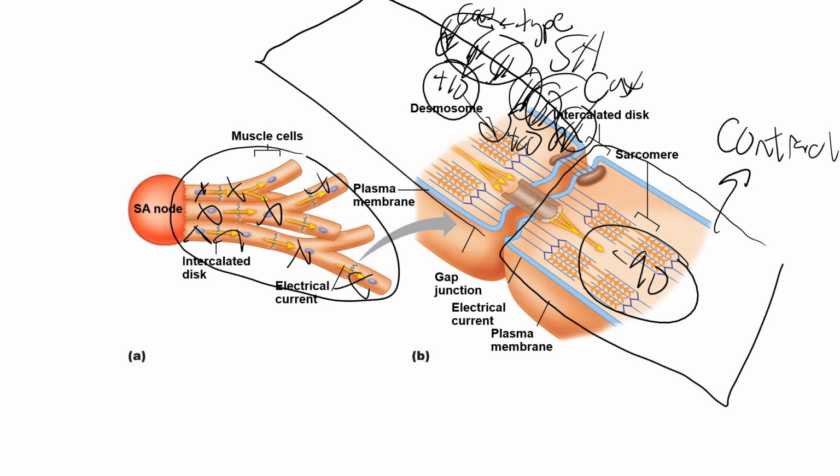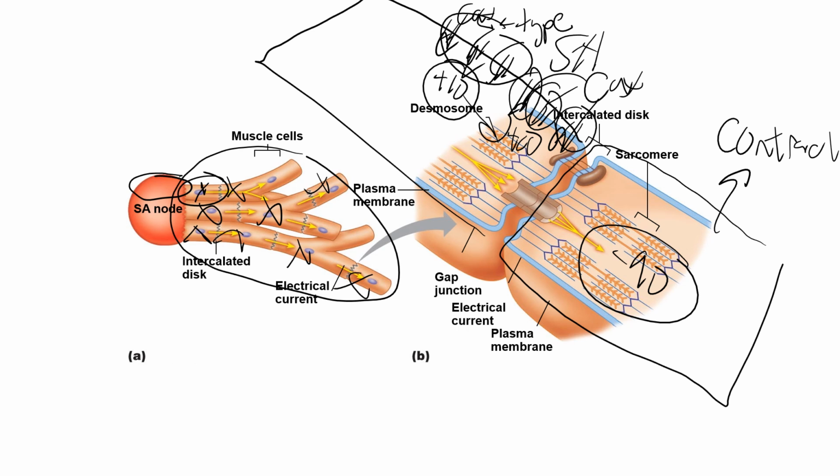The SA node fibers, compared to the contractile fibers, which they're actually attached to through intercalated discs, are very different from each other as it relates to electrophysiology, excuse me.